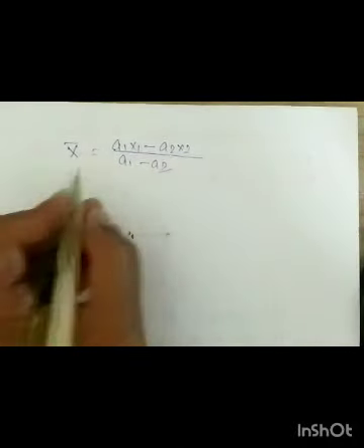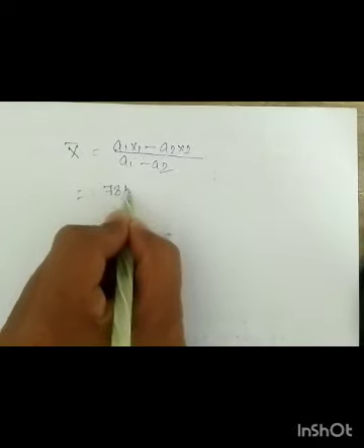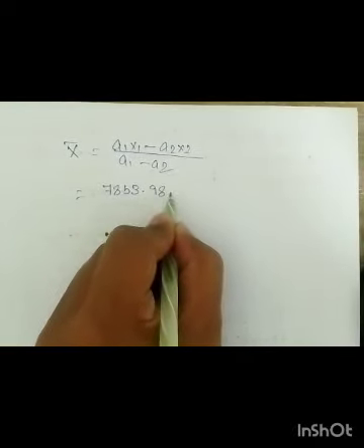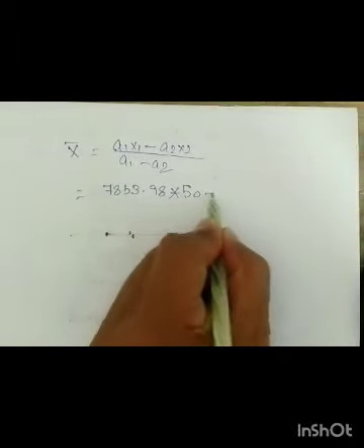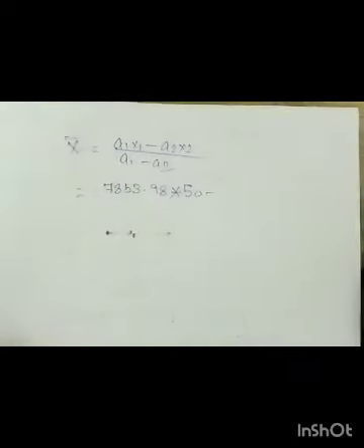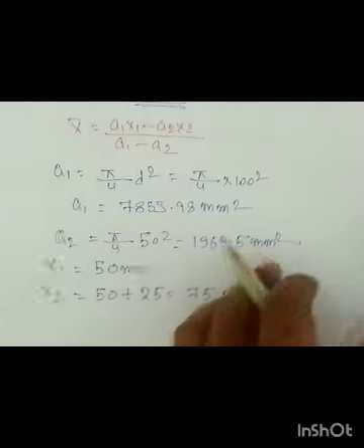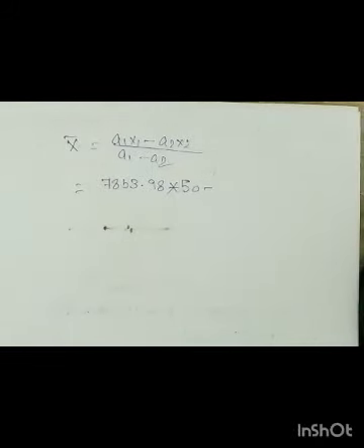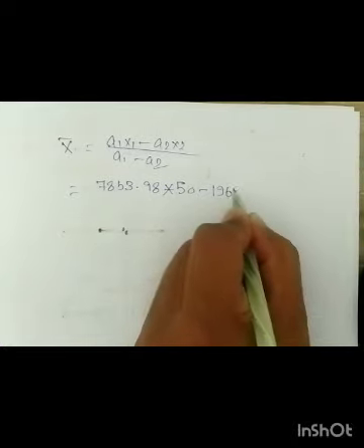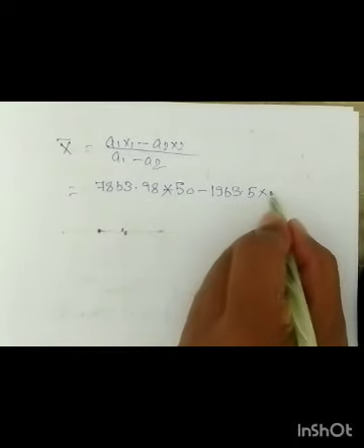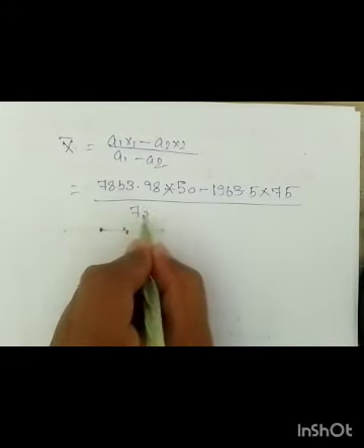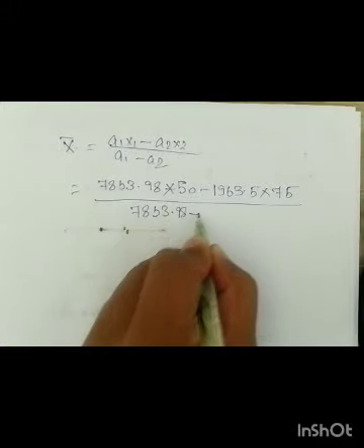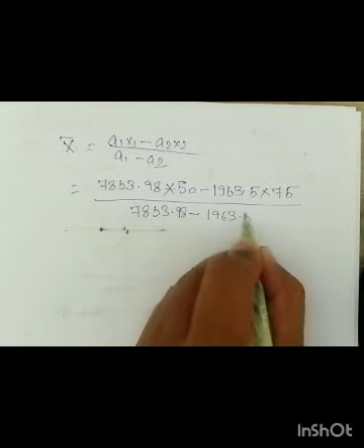So a1 is 7853.98 into x1, which is 50, right, minus a2, which is 1963.5, into 75, divided by 7853.98 minus 1963.5, right?